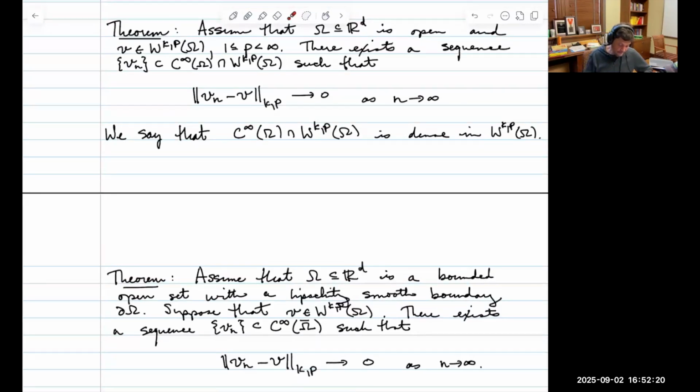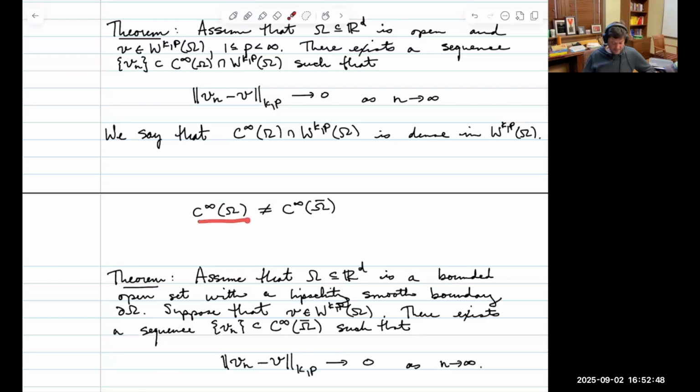Notice that we're not demanding that these are C infinity functions. Let me say it like this: C infinity omega is not the same as C infinity omega bar. Why? It's kind of easy to see.